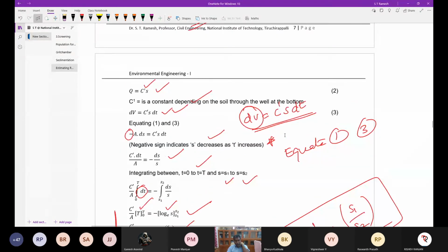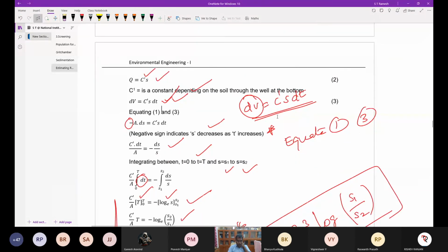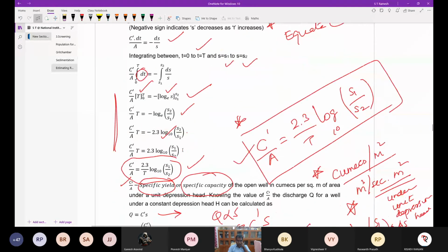We know Q is proportional to the drawdown value, and again Q = C' S. Equate both, using the negative value which indicates S decreases as time increases. Integrate with time limits 0 to capital T and drawdown limits S1 to S2, and you can calculate the C' by A value.